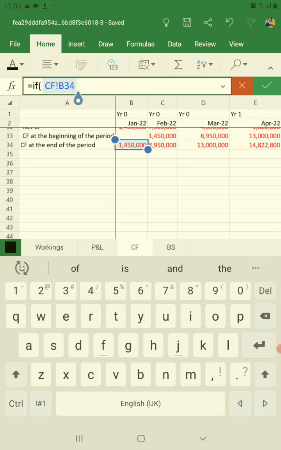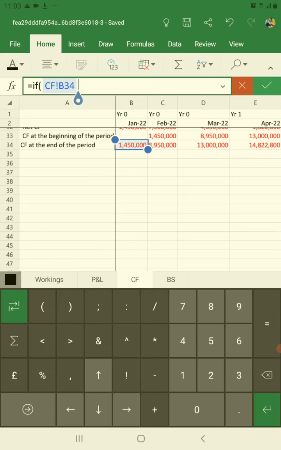So if this figure is less or equal to 0, that means it is a negative figure, then I put comma. Then the answer should be 0.